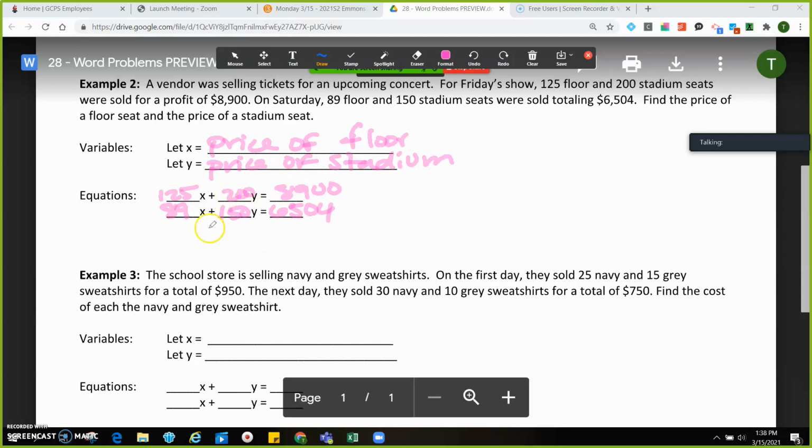So now I can solve this by doing a couple different things. I can either do substitution, elimination, or graphing. I'm going to do substitution just because it's easier, I think. But I could also do elimination, but it would just be a little bit of multiplication. That's a little tricky. So I'm going to solve for that x for the first one.